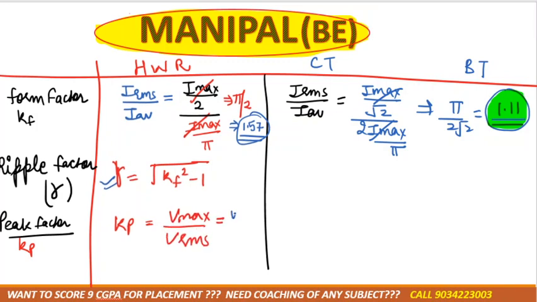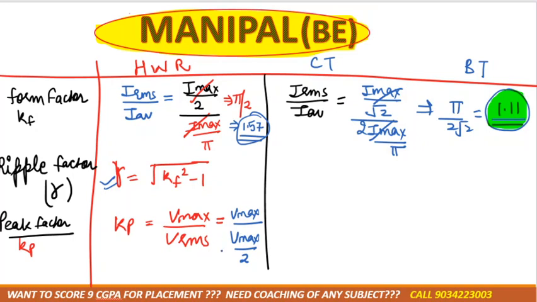So Vmax will remain as it is, or you can take it in terms of current as well: Imax by IRMS. VRMS is how much? Vmax by root 2. So you can further solve it.